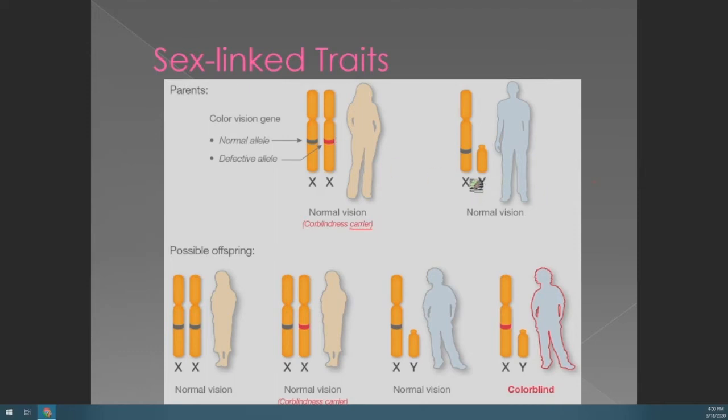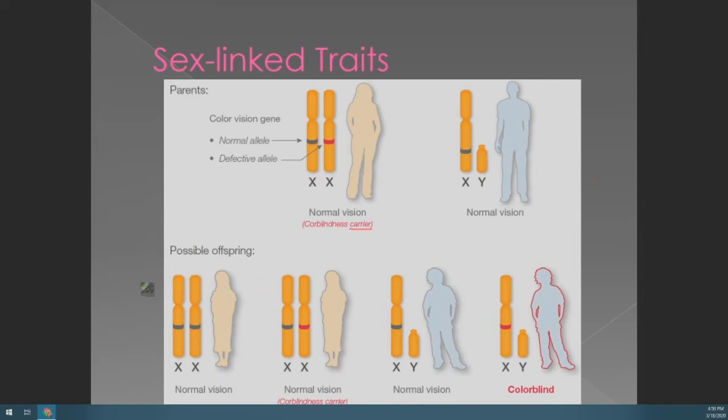Over here, you'll notice the male has a normal allele, which is gray, and the Y chromosome. And you'll notice there's no allele for this on the Y chromosome. That is what makes it sex-linked. And you'll notice there's some interesting things that happen. So once again, mom and dad both can pass on either of their alleles.